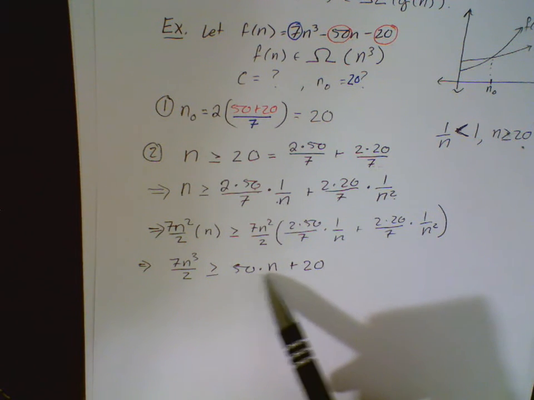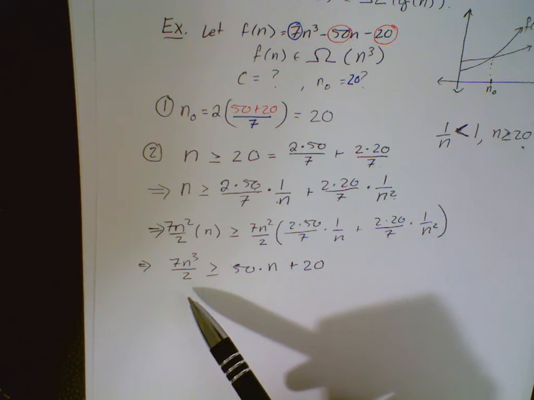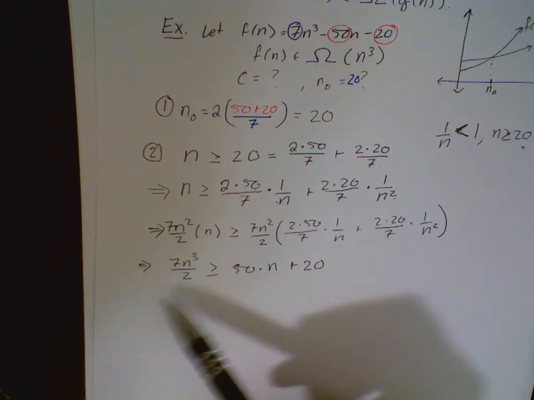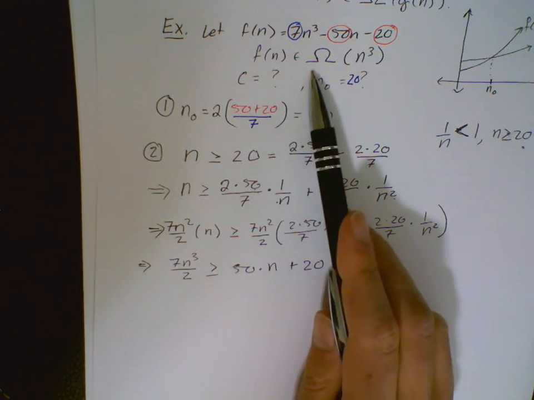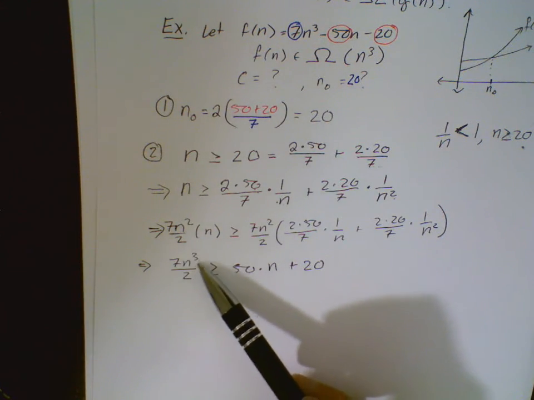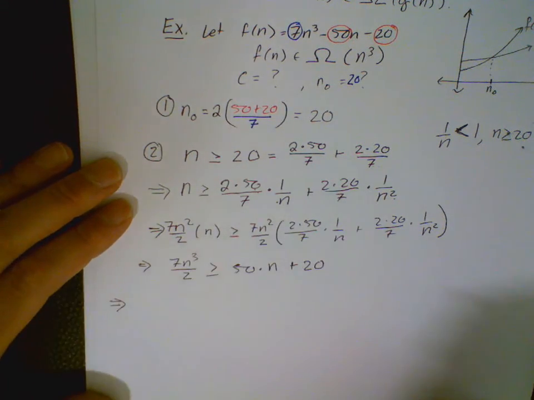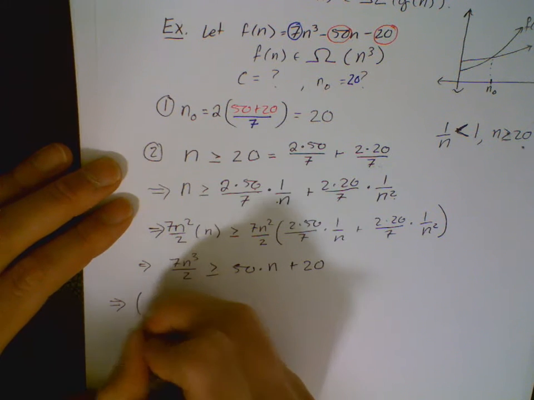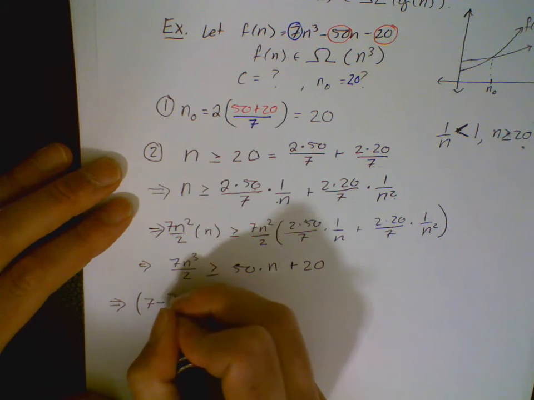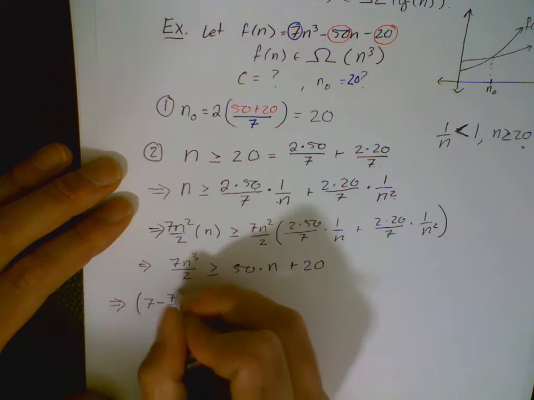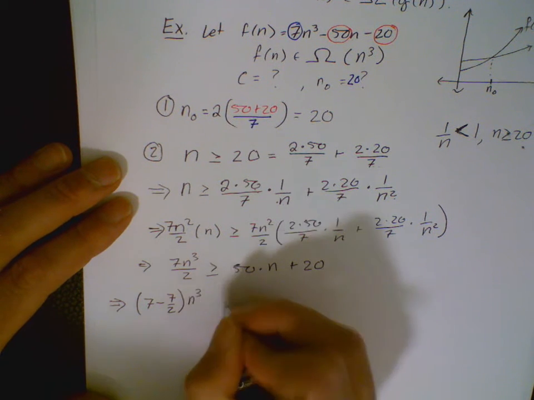Our goal is to move these over to the left side of the inequality, but you notice on the left side of the inequality we do not have a 7n cubed. Instead we have a 7/2 n cubed. So what I'm going to do is rewrite 7/2 as 7 minus 7/2 and multiply that by n cubed.